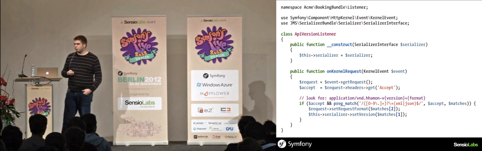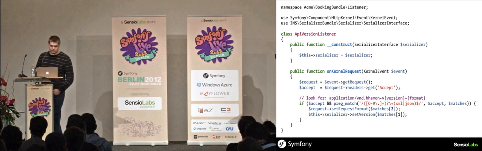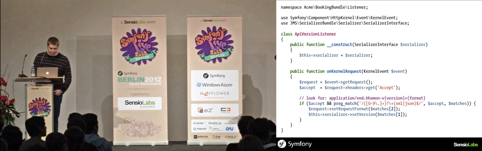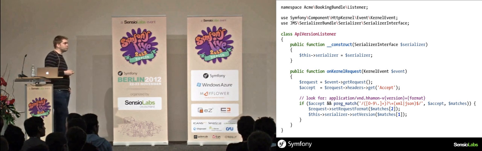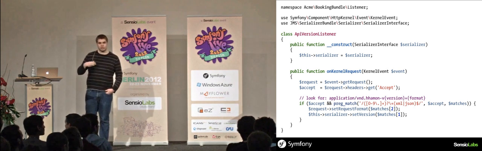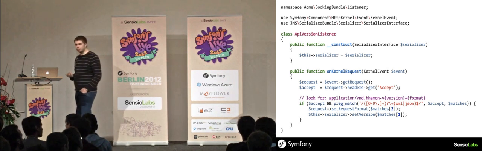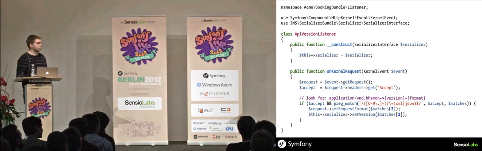So Matthias Novak, I don't know if you know him, but Matthias Novak is one of the contributors in the community, and he wrote a blog post on his blog, and he explained how to create an API version listener. So you can listen to the kernel.request event if you want to detect the version the client wants.